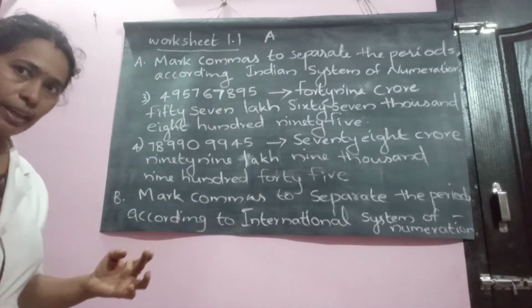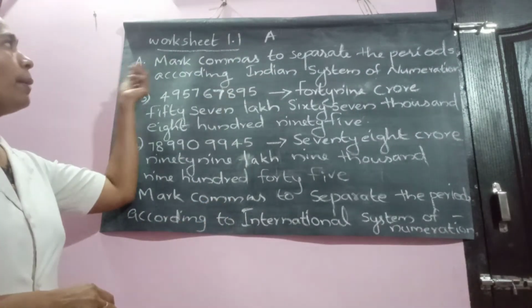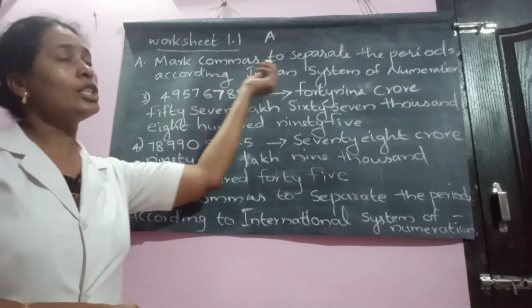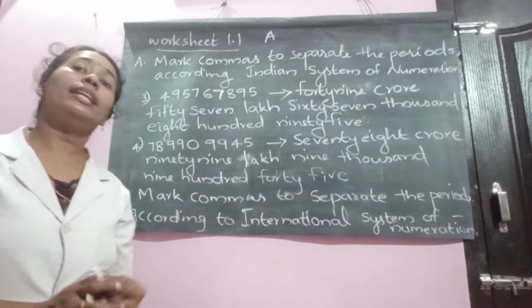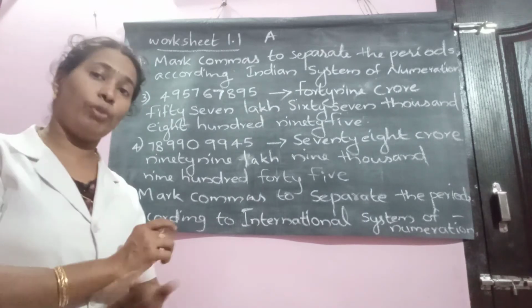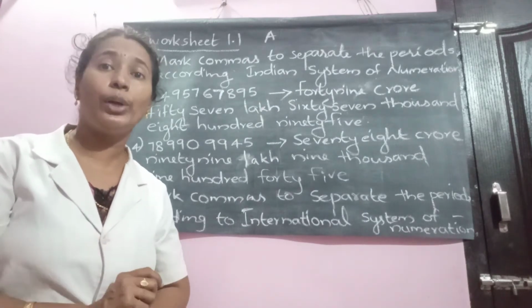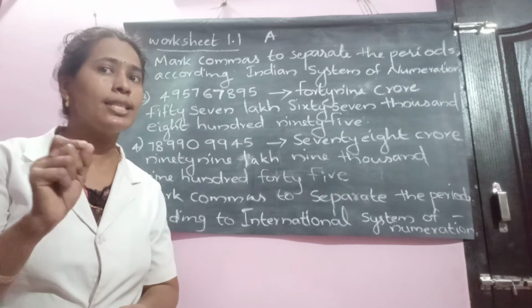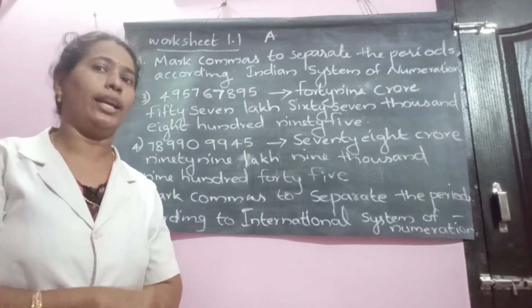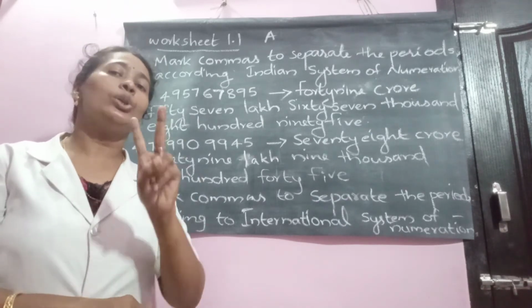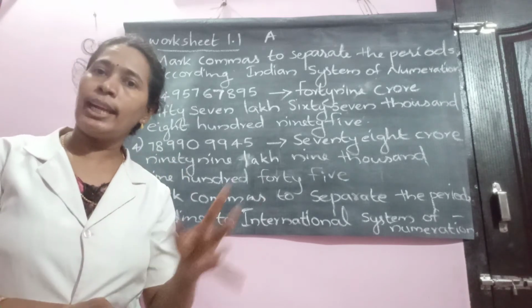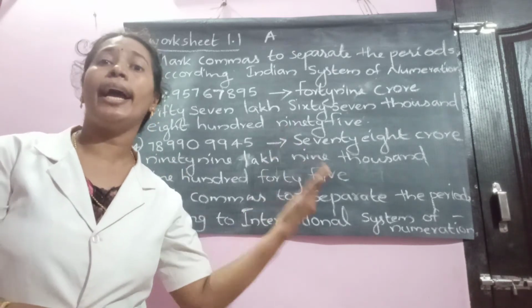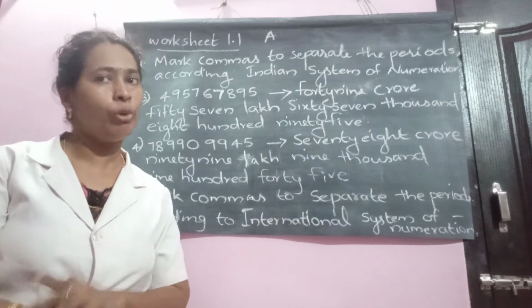Okay, let us begin. First one is mark commas to separate the periods and write the number names of the following numbers according to Indian system of numeration. Actually, we have studied two kinds of system of numerations. What are they? Indian system of numeration and international system of numeration.